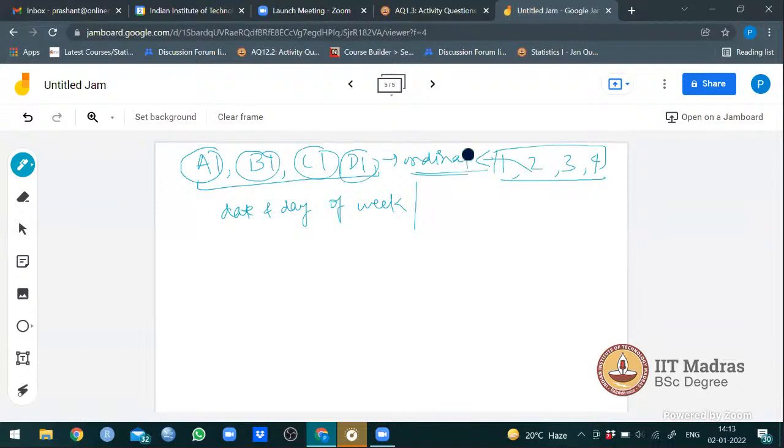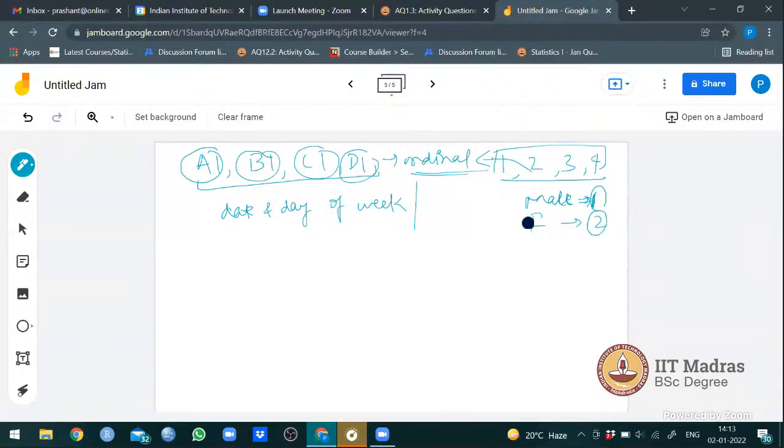Sir, I have a doubt. If we code gender, male as 1 and female as 2, will it be ordinal or nominal? See, you are coding male as 1, female as 2.